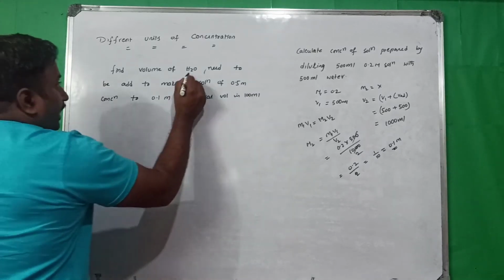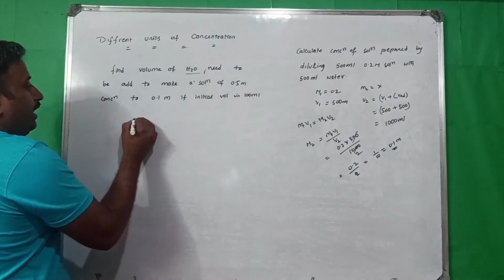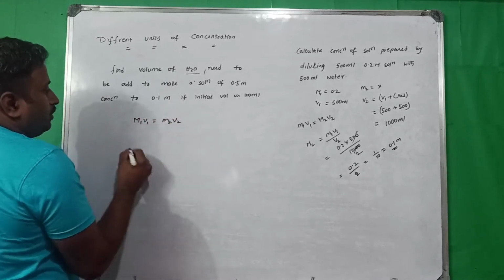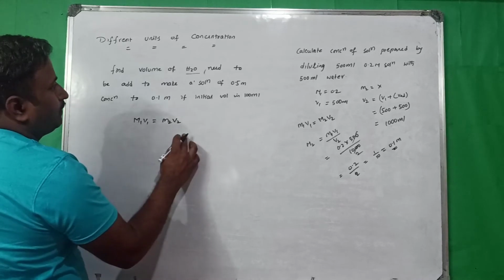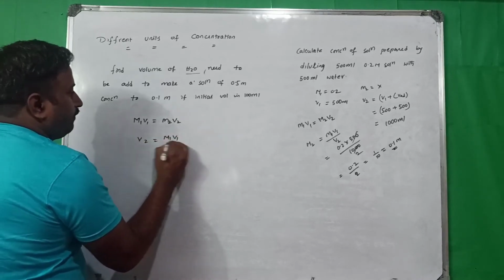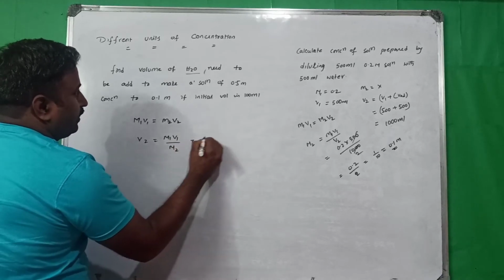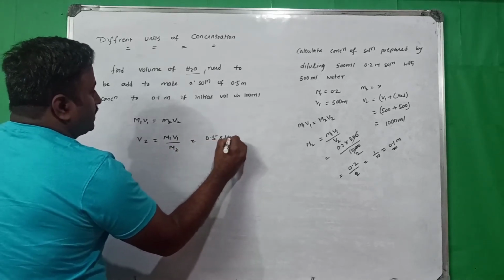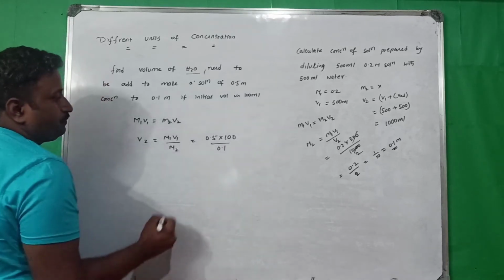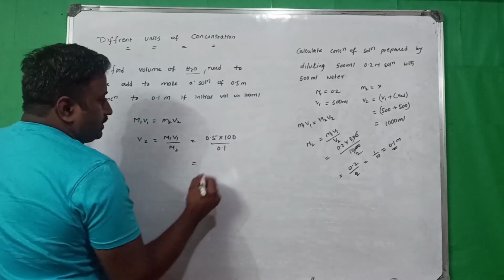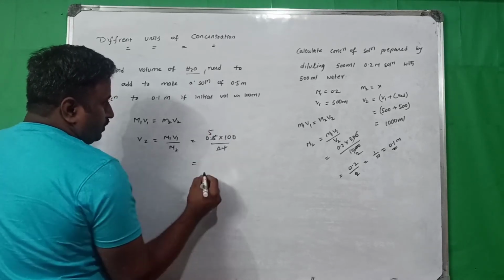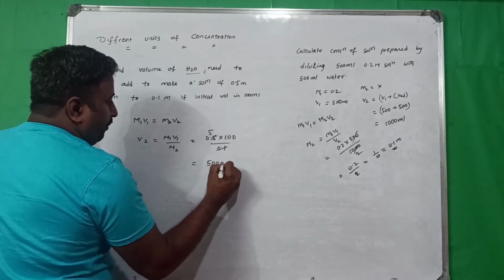So we have to find additionally how much volume must be added. Again, we have to use M1 V1 is equal to M2 V2. So here V2 is equal to M1 V1 upon M2. M1 is 0.5, V1 is 100 upon 0.1. We can take it as 5 times, that is 500 ml.